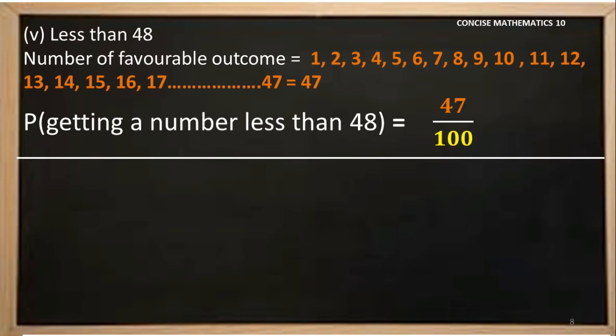Less than 48 means in this case also we cannot consider 48, we have to stop by 47. A value less than 48 means 48 should not be considered. If you count from 1 to 47, the number of outcomes is equal to 47. The probability is 47 by 100.